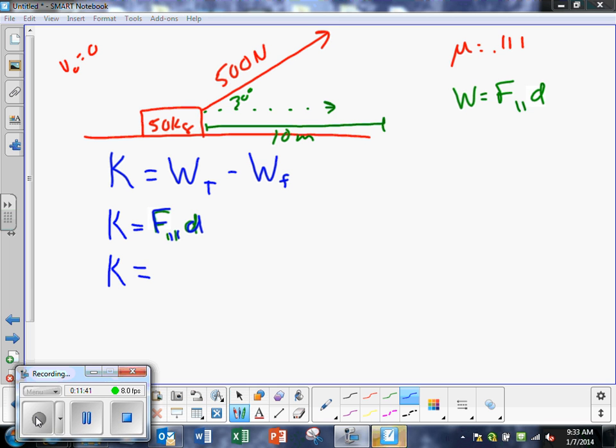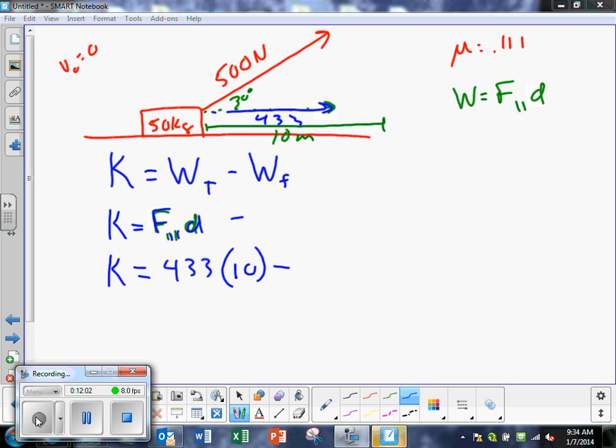What's the cosine of 30 times 500? Is that 433? So we'll say 433, which is this part right here, 433 times 10, minus the work of friction.